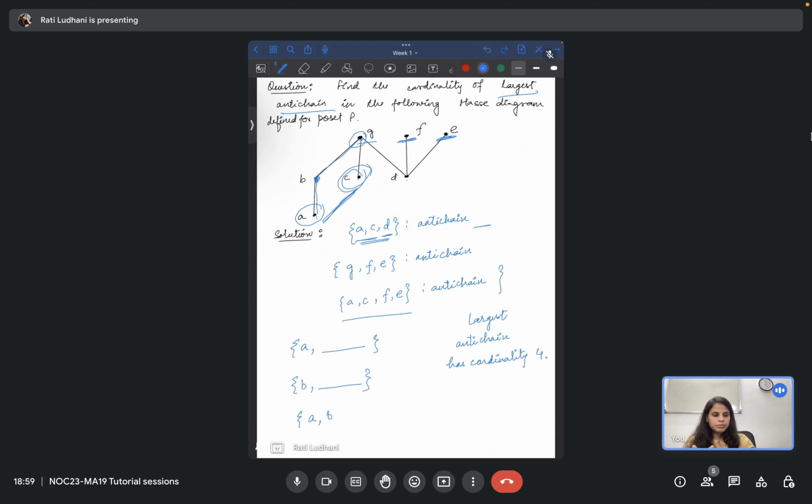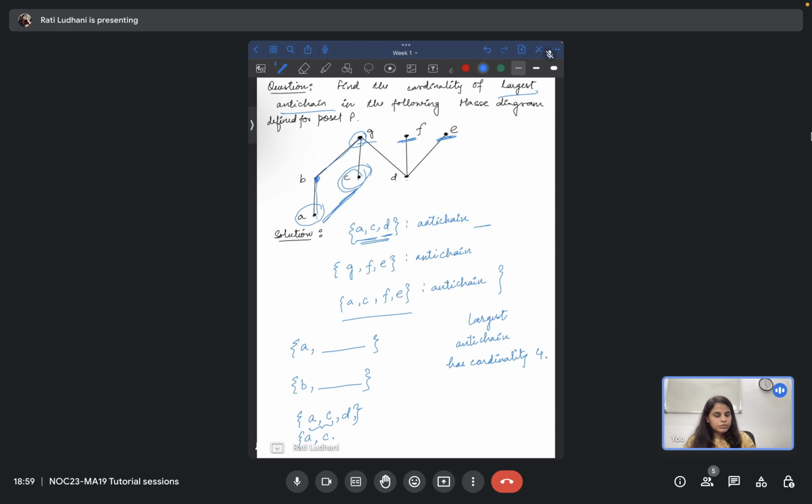You have tried B, no, that doesn't work, so you put C because that is a possibility. Now after C you try D, so D is a possibility, and after D you cannot put anything, so you are done. Now after these two elements, do you have anything else? You start with the last thing. Okay, D was the last thing which you have considered.